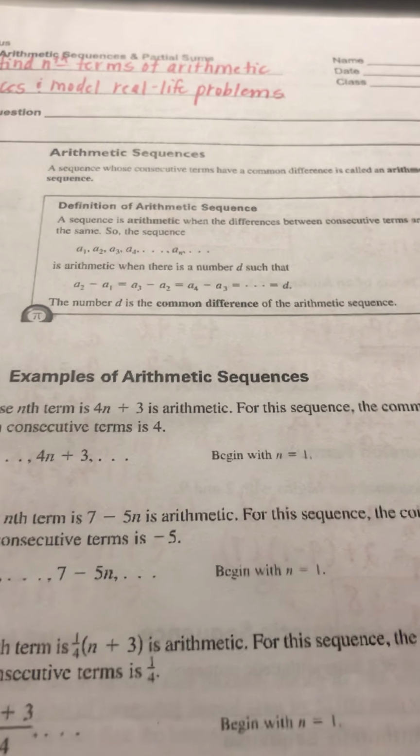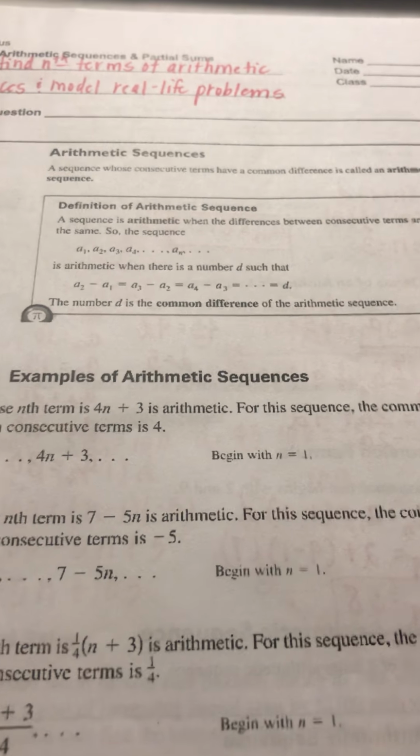Okay. On example 3, it tells you that the fourth term is 20. So A4 is 20. The 13th term is 65, so A13 is 65. And then I want you to write the first 11 terms. So in order to do that, you have to know what your common difference is. What are they adding or subtracting to get to the next term?